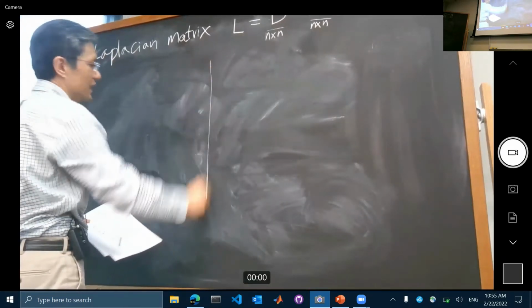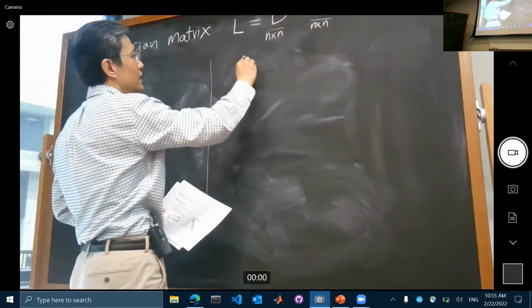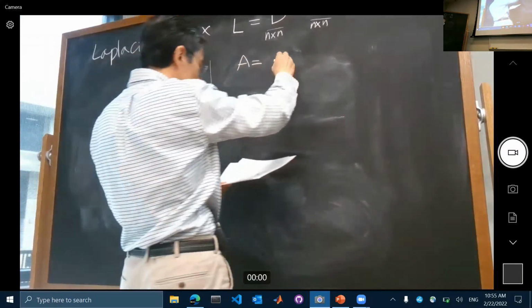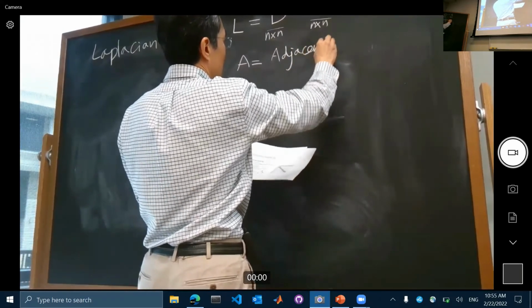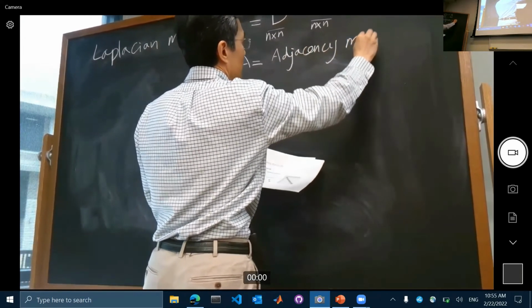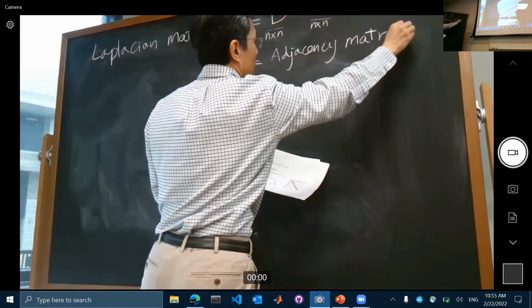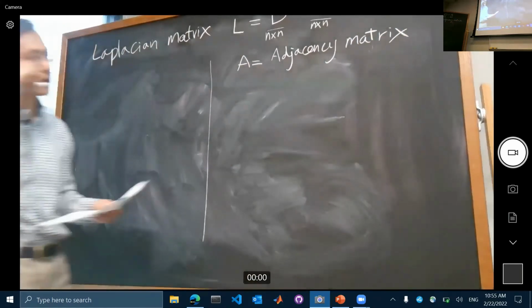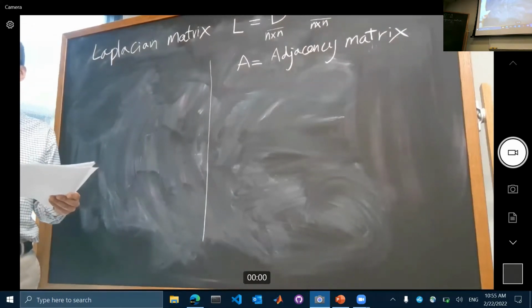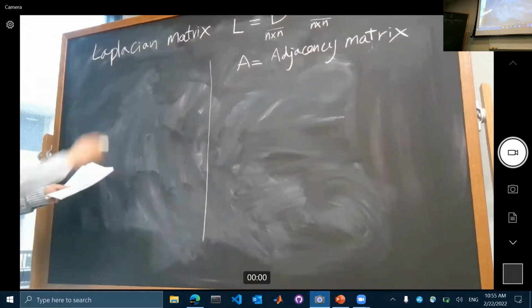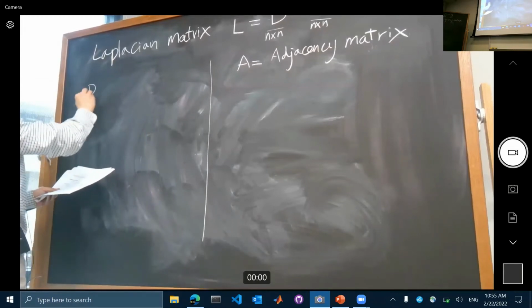A is called the adjacency matrix. This describes the connectivity between network nodes, and D is the degree matrix.